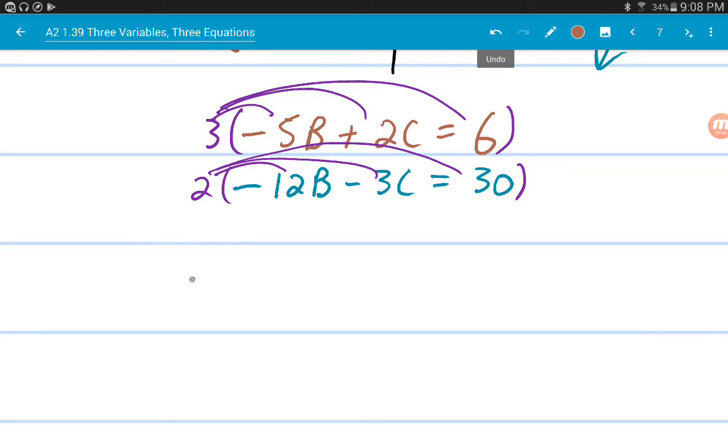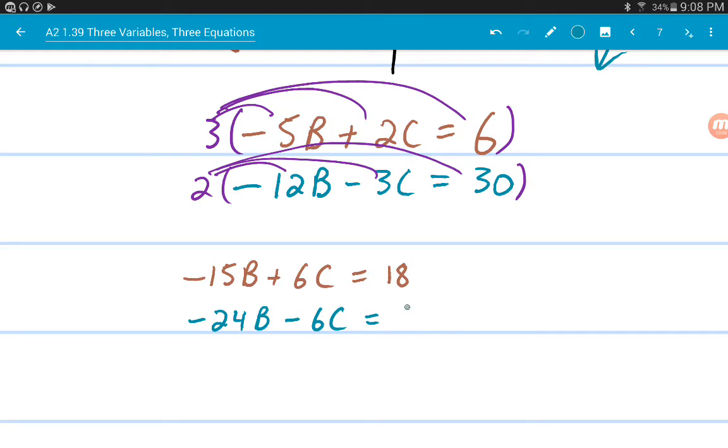My new equation is negative 15b plus 6c equals 18. And in teal, I have negative 24b minus 6c equals 60. I can add these because these two have opposite signs, so they'll cancel.